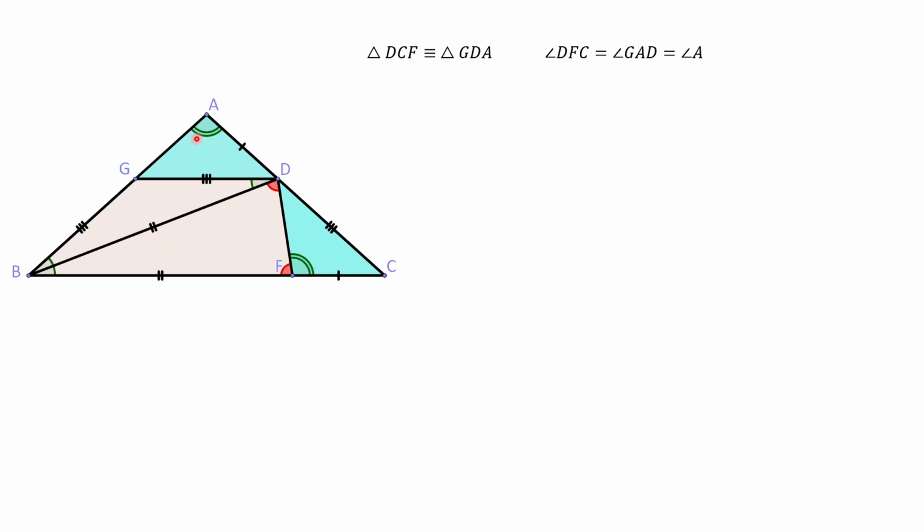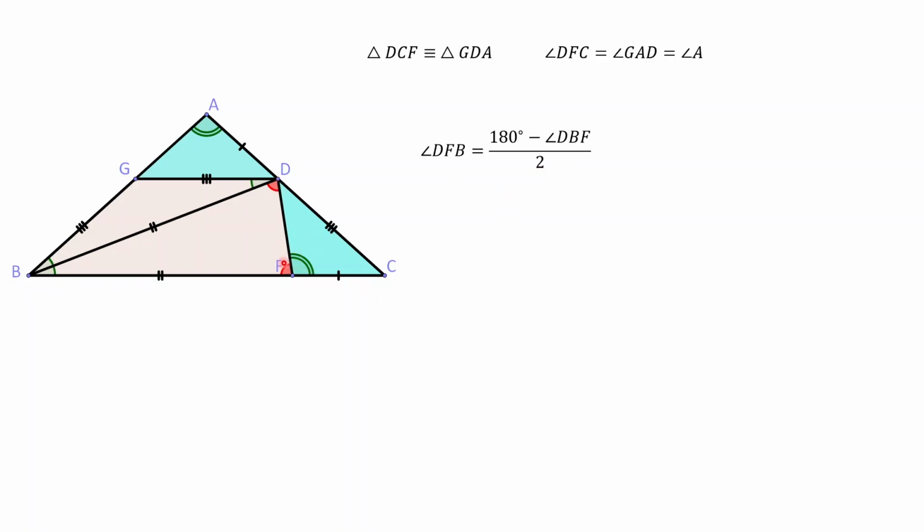We know that this angle is equal to angle A. Let's look at angle DFB, this angle. We know that this one and this one are equal. So the summation of these two will be 180 minus this angle. And if you want to find one of them, it will be 180 minus this angle divided by 2.